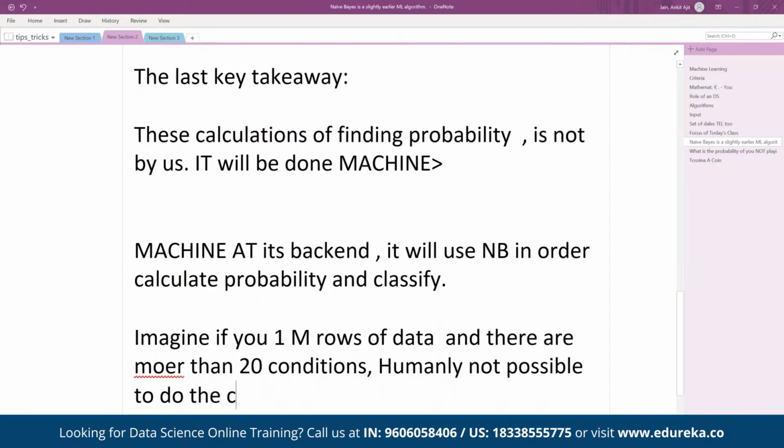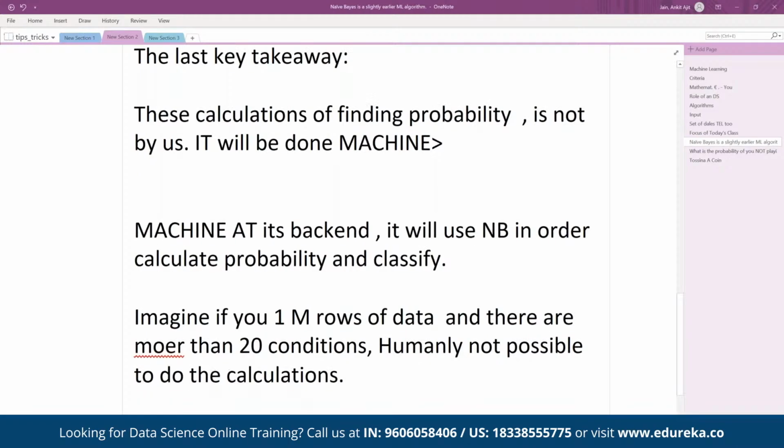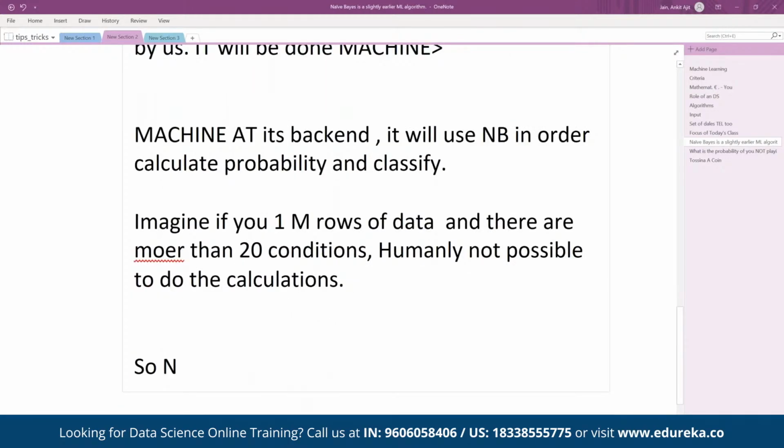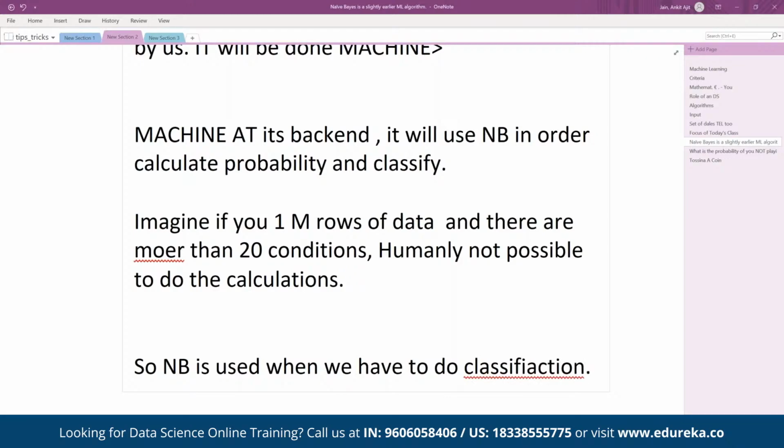Who will do the calculations for us? The machine will do the calculations, and it will do it within split seconds. So Naive Bayes is used when we have to do classification, and the machine can do it very fast.